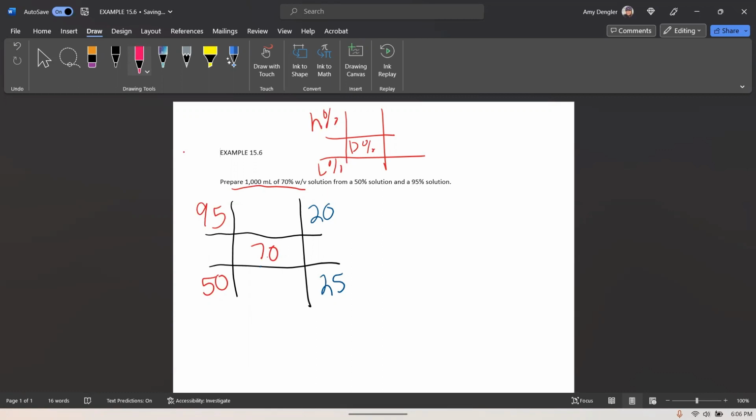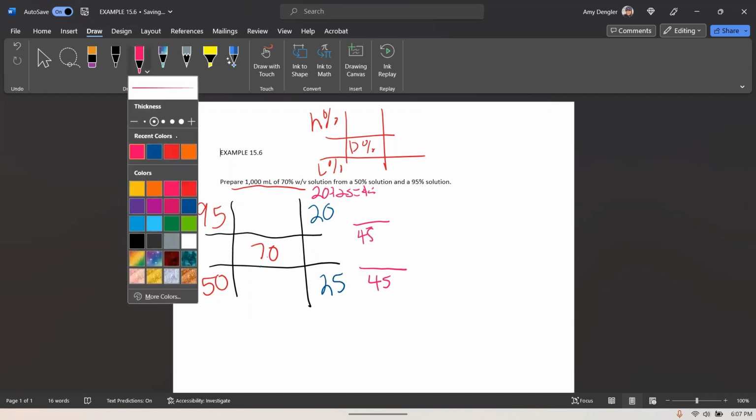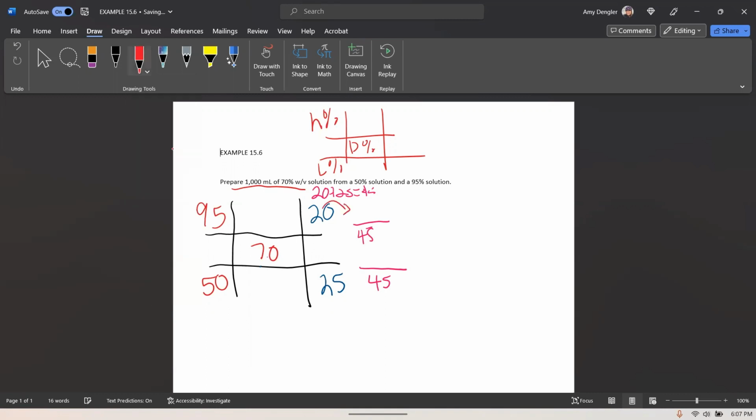In my next part, I need to create a fraction. So I'm going to put a fraction next to each number. And I'm going to add up 20 plus 25 is 45. So that is going to be my denominator. Then I am just simply going to carry these numbers over.